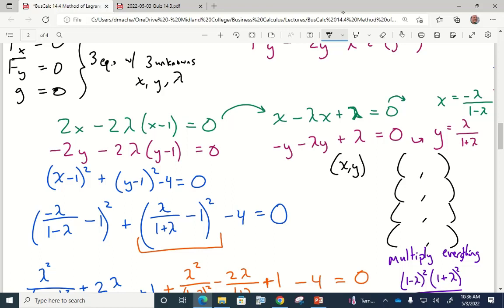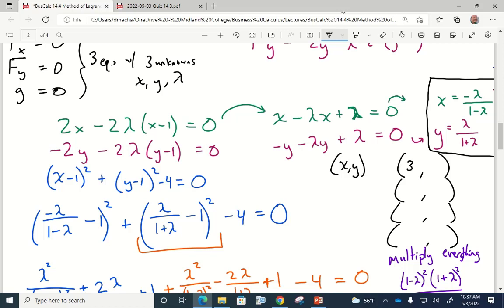Okay, so using these formulas here for x and y, plug in those values for lambda. So start off, somebody tell me what is x if lambda is positive 1.5? It would be negative 1.5 divided by 1 minus 1.5. Oh, yeah, okay, that makes sense.